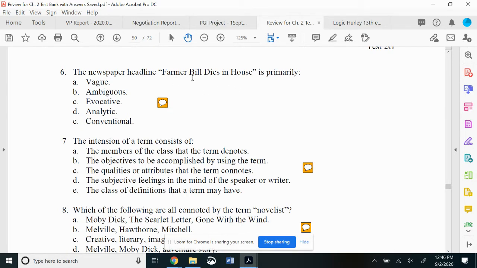Farmer Bill, is that the name of a bill that dies in the House of Representatives? Meaning, is it referring to information contained in a bill? Or is there literally a guy named Bill who is a farmer who dies in a house? You can see this 2 different ways, and you don't know which way the author's referring, so it's ambiguous. At least 2 possible meanings.